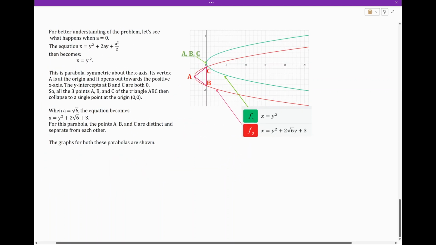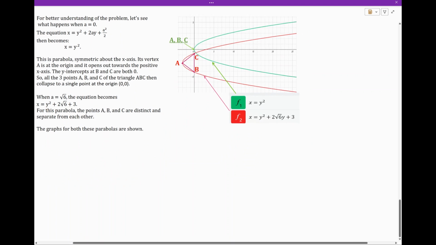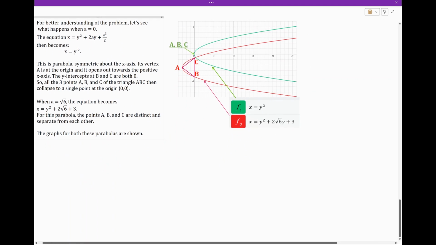When a is equal to square root of 6, the equation becomes x is equal to y square plus 2 square root of 6 y plus 6 by 2, that is 3. This is also another parabola, and the points A, B, C are distinct and separate from each other.